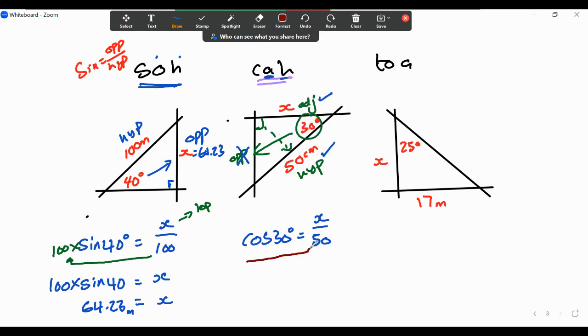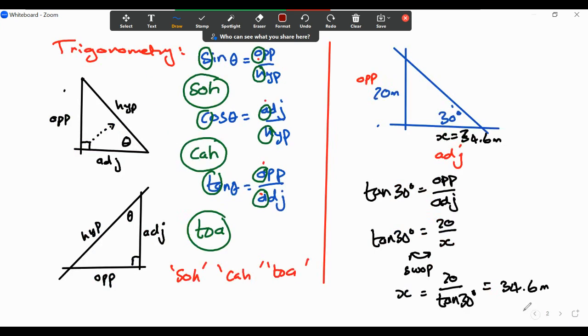Now I'm going to multiply the left-hand side by 50. 50 times cos 30 degrees equals x. Put it on a calculator, and you can see, because the unknown's at the top, we're not swapping. Remember before, we swapped, because the unknown was at the bottom, we swapped it around.